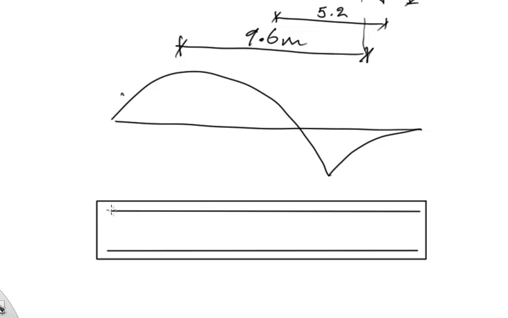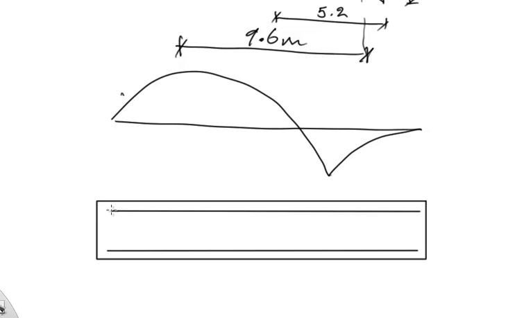Without going into so much detail of how to select the sections or how to distribute them, think of it this way. What if I told you that whenever you see a positive moment, put bottom reinforcements, and whenever you see negative moments, put top reinforcements?